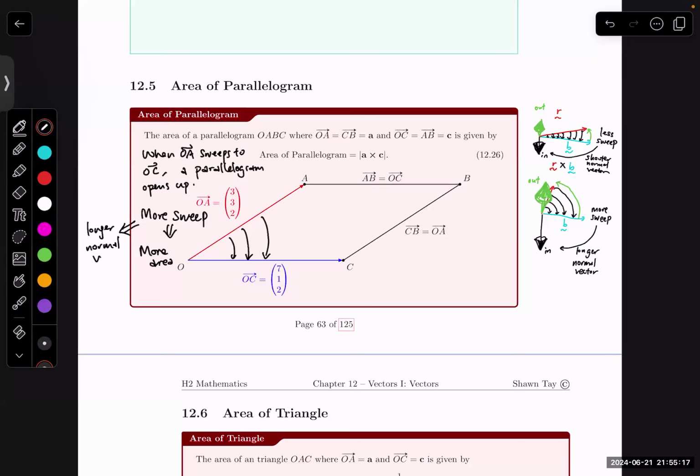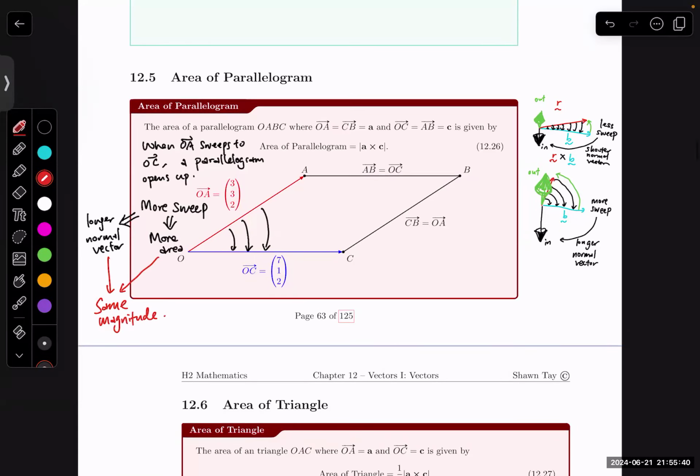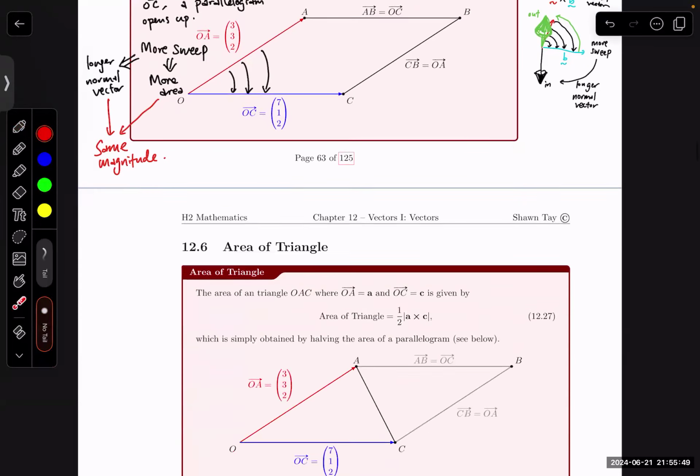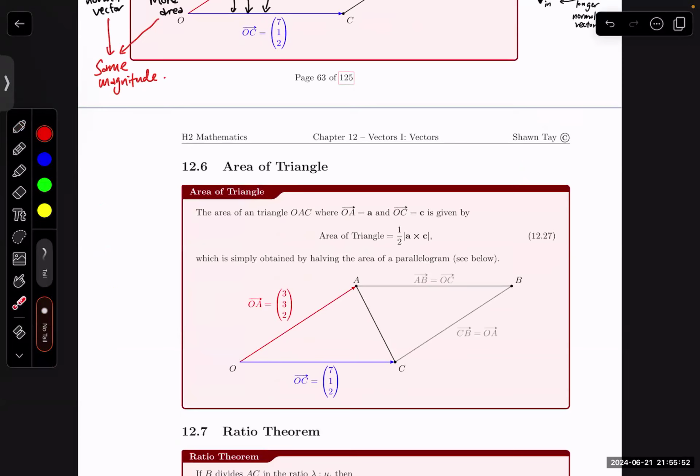So more sweeping, a longer normal vector grows out, and also a bigger area for your parallelogram opens up. These two have the same magnitude. So the area of a parallelogram can be obtained by doing a cross product. The area of a triangle is simply cutting the parallelogram in half, so half the modulus of the cross product. Simple.